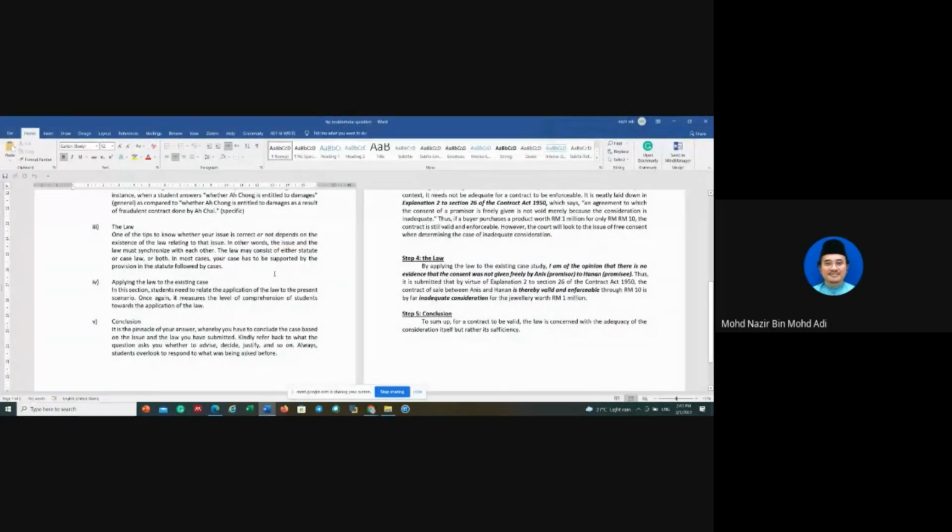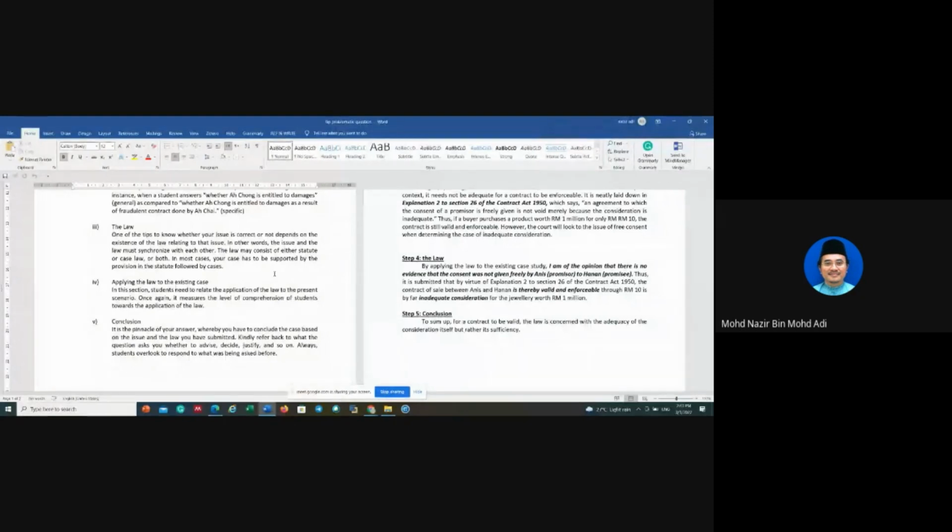For example, you can use words like: by applying the law to the existing case, I'm of the opinion that there is no evidence that the consent was not given freely by Anis. Thus it is submitted that by virtue of Explanation 2 to Section 26 of the Contract Act, the contract of sale between Anis and Hanan is valid and enforceable.